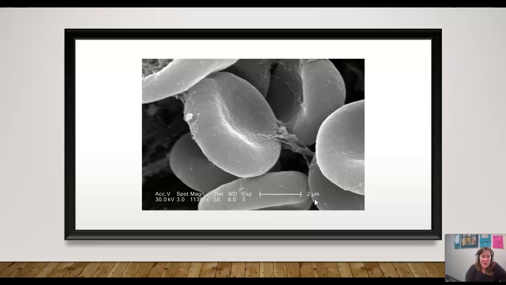It's 2 micrometers, and the micro means that it's 1/1,000,000th of a meter. So a centimeter is 1/100th. This is 1/1,000,000th of a meter. So pretty tiny, and hopefully your guess on this one is that it's red blood cells inside of our bodies. These are the guys that carry our oxygen throughout our tissues. And there's some other cells in there. It looks like there's some white blood cells or maybe some fibrin attaching those.